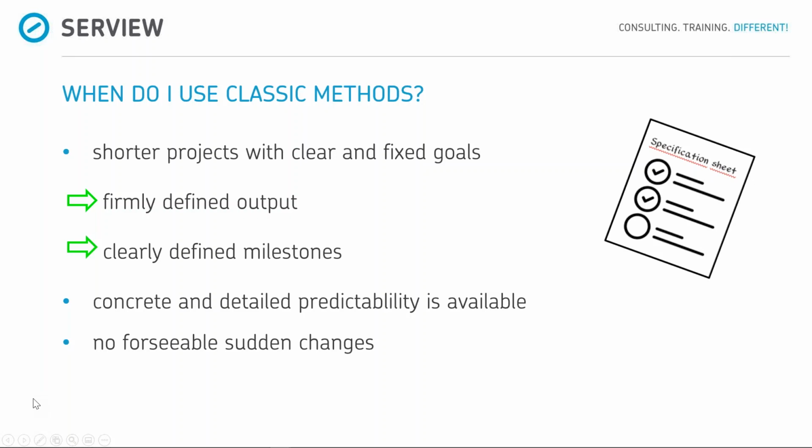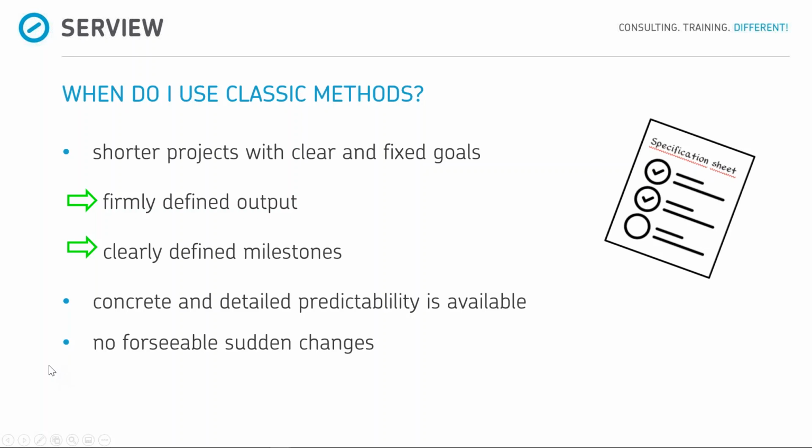So for instance, buildings and plants usually mean that we know what we want, we need a logical plan, and there are no sudden changes to be expected. And for instance, pharmaceuticals. We all are very happy that pharmaceutical stuff isn't quickly done in an agile way and just thrown on some humans to see what happens. So we are happy that this is done in a more classic way.